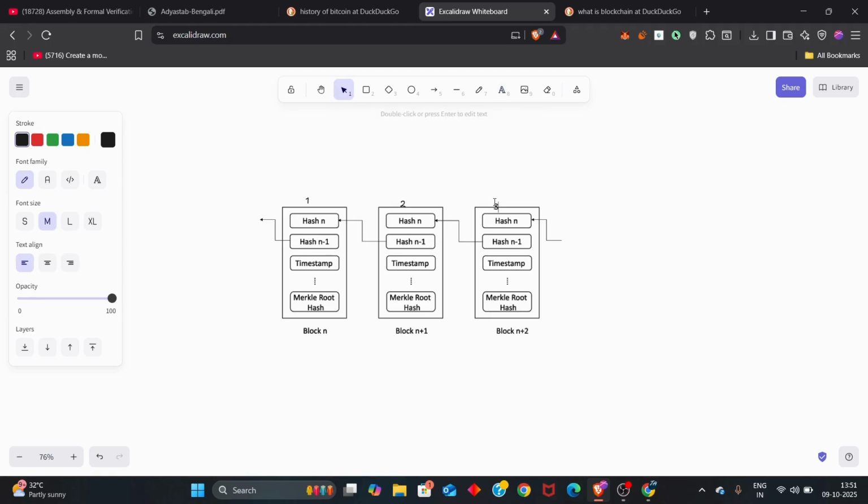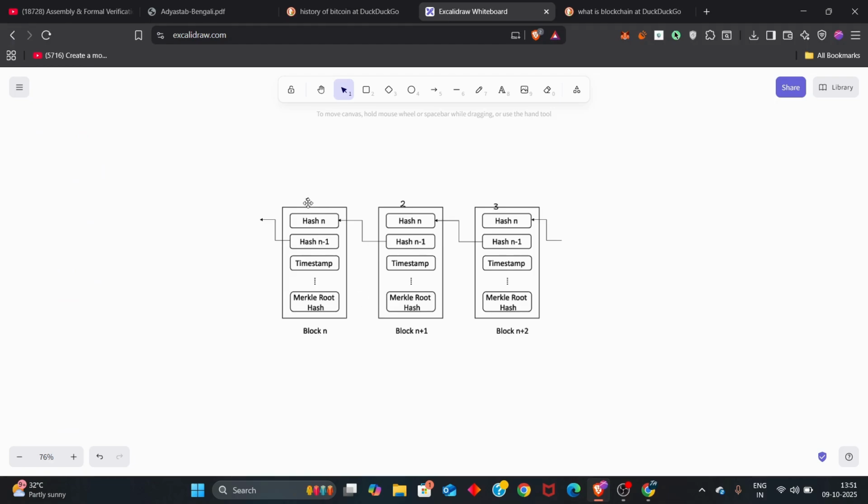So this is block number one, this is block number two, this is block number three. Block number one has hash n, that is its own hash, and then it has the hash of the previous block. In this case, I'm considering this the Genesis block, the first block, or you can say the first node, of the blockchain.